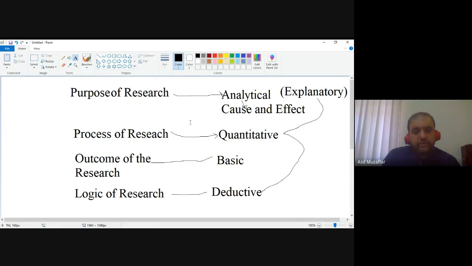So you just take a picture of it. I will draw the flow chart for exploratory research as well. Most of you, I hope, now know that flow chart, but just for your understanding, let me make it.